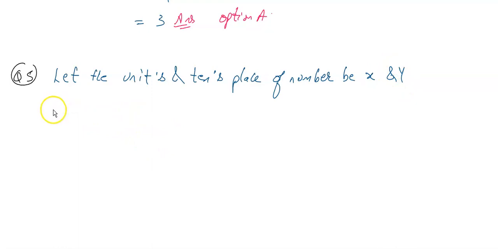So what would the 2-digit number be? It is equal to, with units place x and tens place y, 10y plus x.